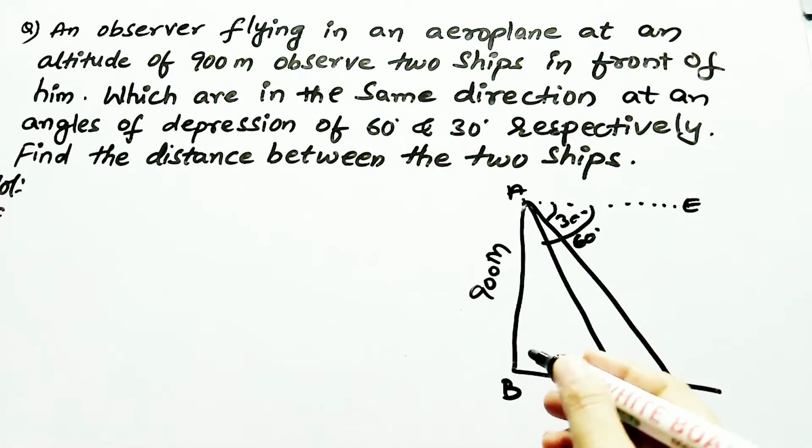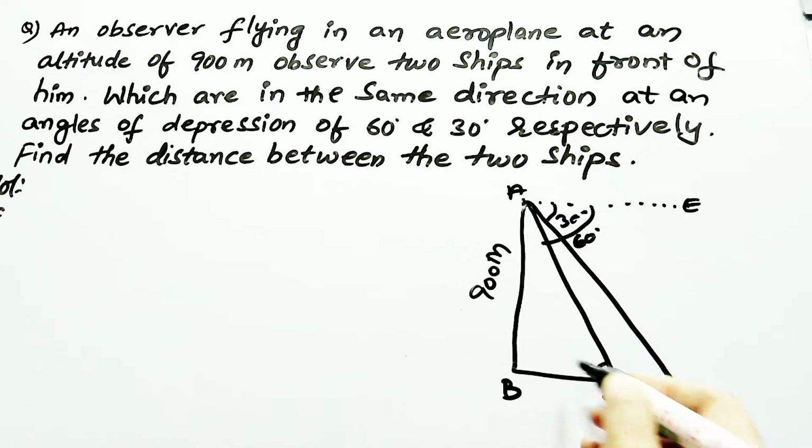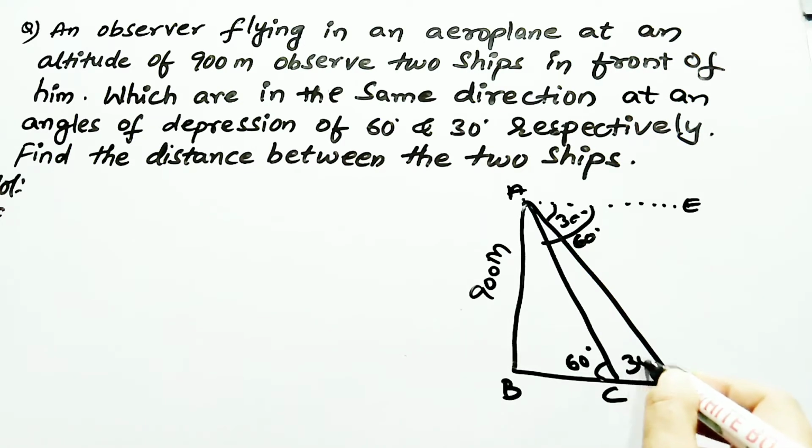So 60 degree will come here, and 30 degree will come here. Here I will give you a simple logic. Just remember it. Whether in case of elevation or depression, if two angles are given, the closer you are to the tower, the greater is the angle.